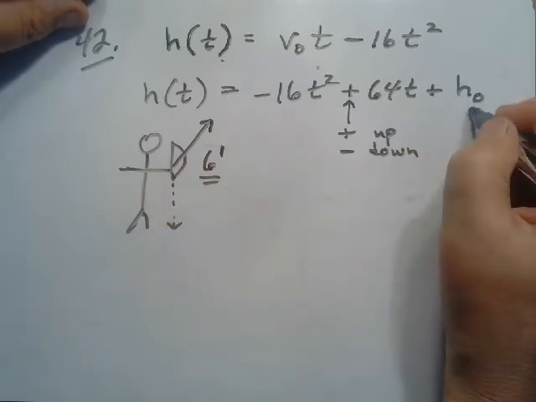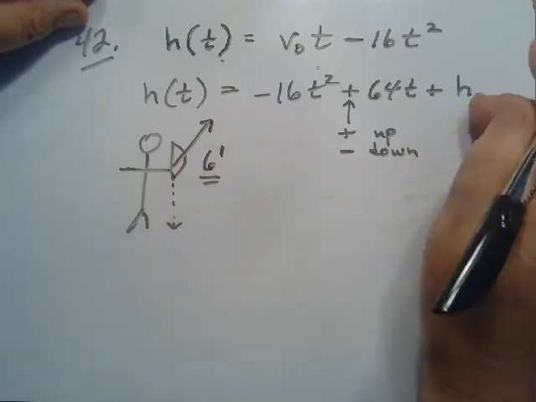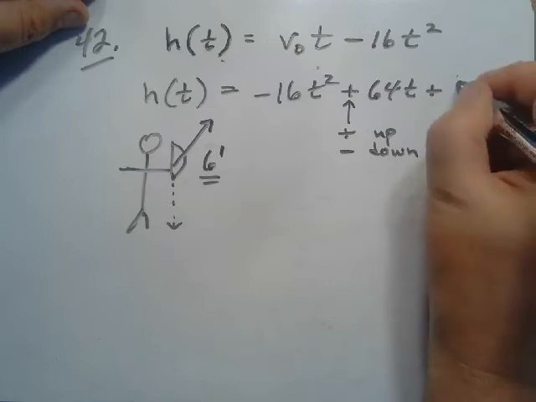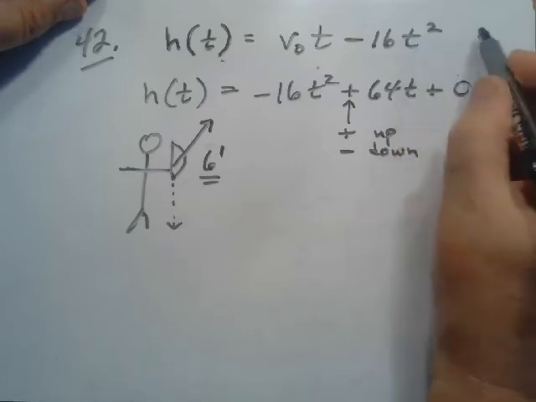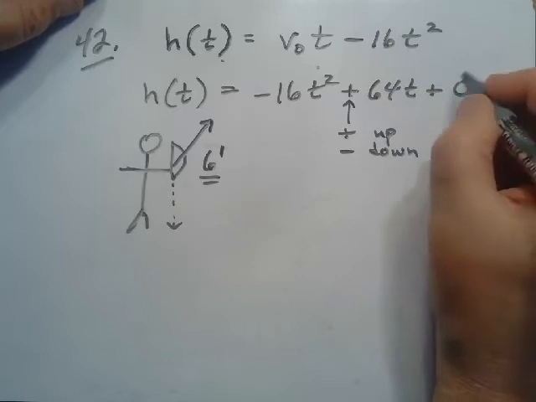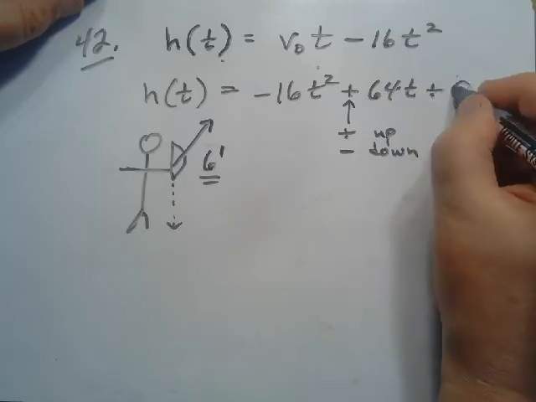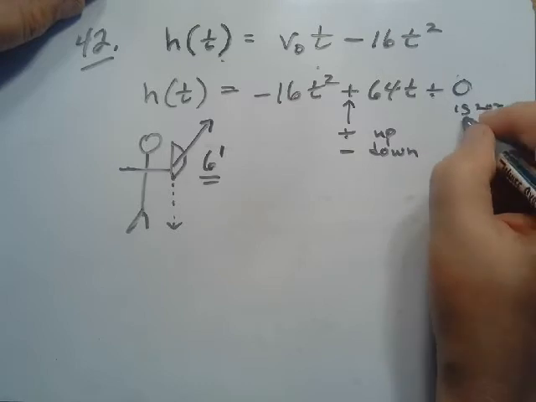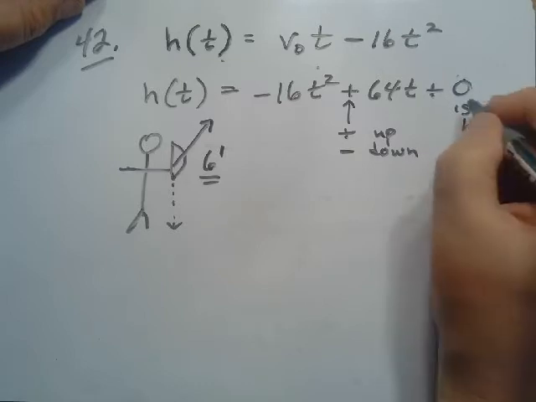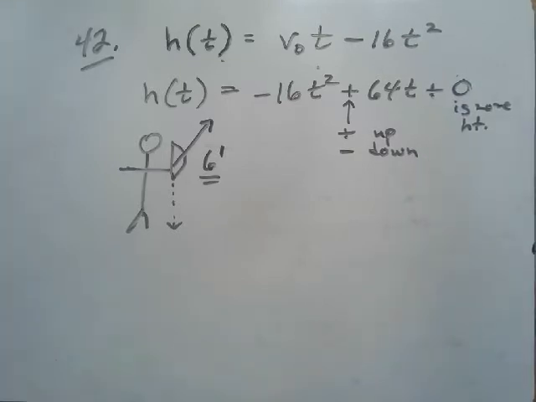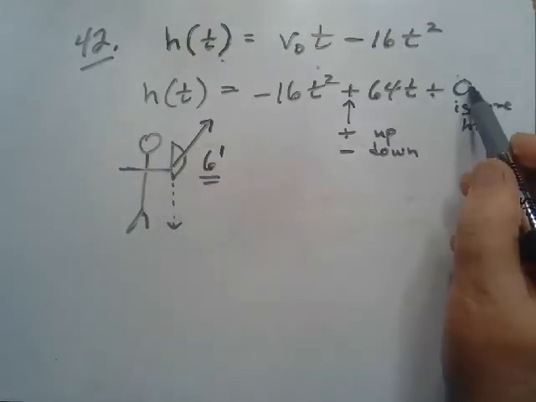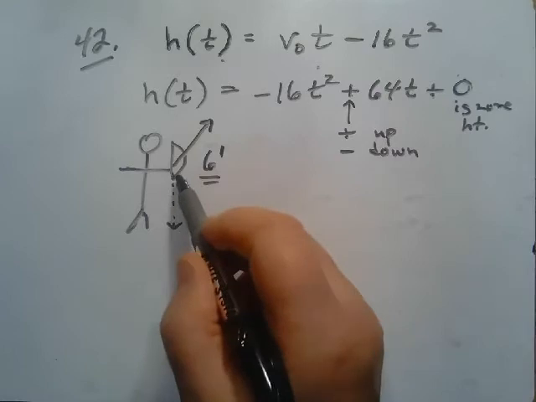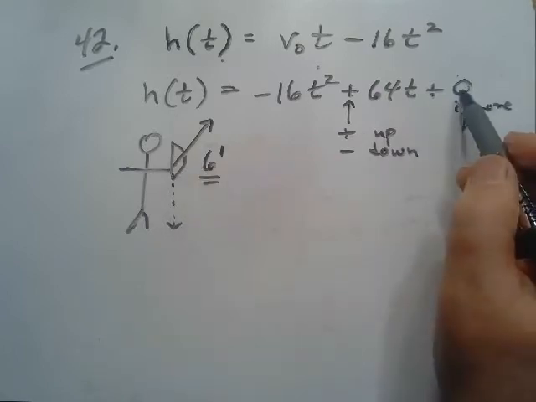So this would actually be 0. The initial height is 0. Well, that makes sense because they didn't give us that in the formula here, did they? So the initial height is 0. So I'll put in a 0 here because I'm ignoring the height of the archer. Okay? So if he shot it off from 6 feet tall, we'd put 6 in there. If he shot it off from 5 feet tall, we'd put 5 in there.